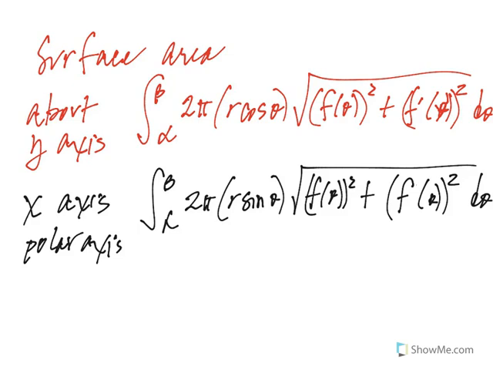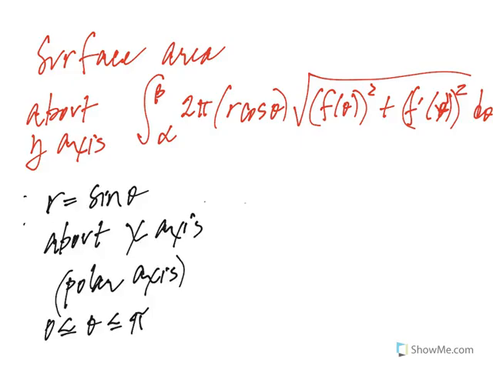So, quick example. Let's say I've got r is equal to sine theta. Incidentally, that is a one-petaled rose, 1 unit long, and remember, a one-petaled rose is a circle. Going about the polar axis, that is the x-axis, from 0 to pi. You're just plugging it in. I'm going to go from 0 to pi. If I'm going around the x-axis, that is going to be 2 pi times y.